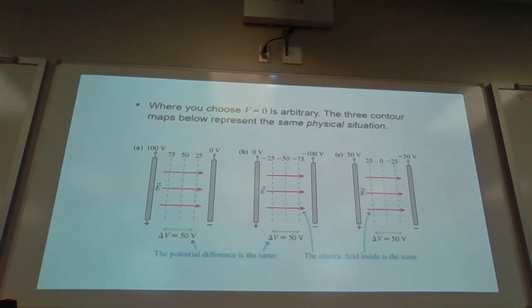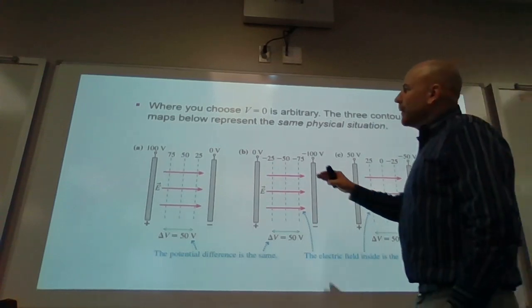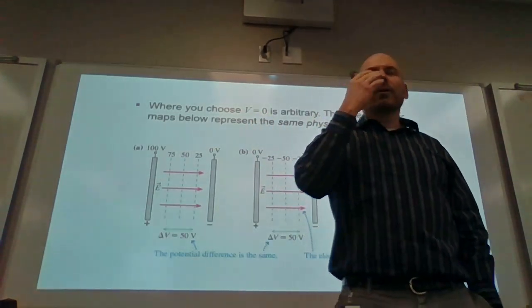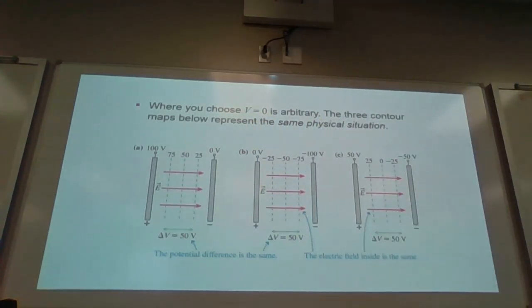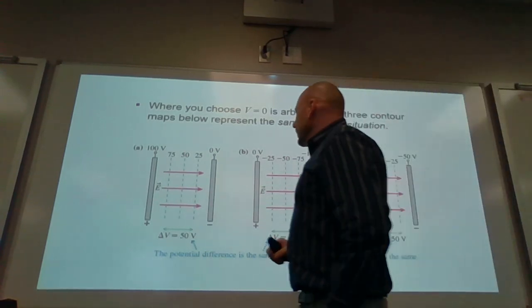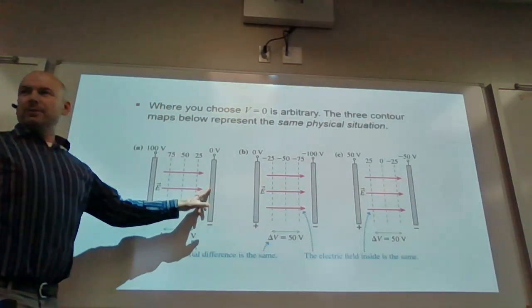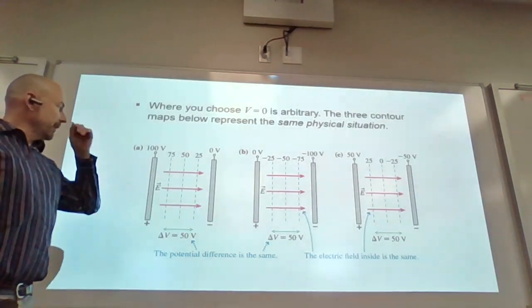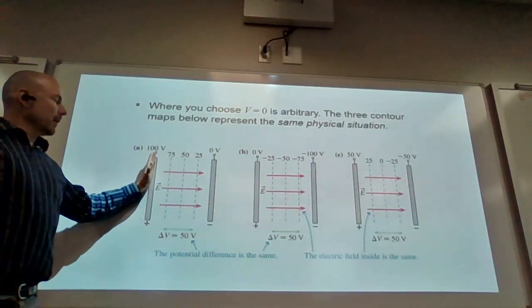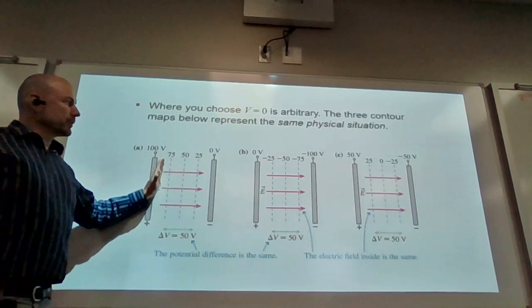Okay, so we can make the electric potential, just like we can for gravitational potential energy, wherever we want to be ground zero. We can make this plate have an electric potential of 0, and this plate have electric potential of 100 volts.